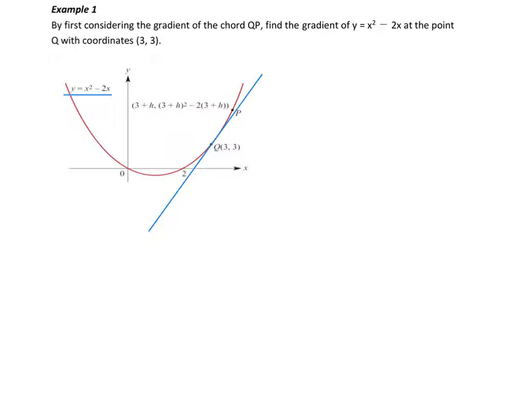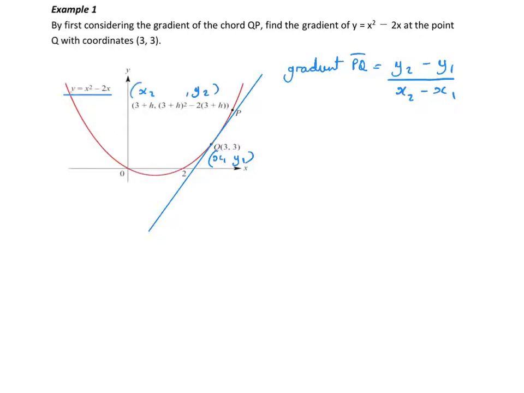Well, let's find the gradient first. Remember, the gradient of the chord PQ is just y2 minus y1 over x2 minus x1. And it doesn't matter what you call y2 and y1 as long as you are consistent. So you can see here that this is our x1 and y1, and this is our x2 and this is our y2.